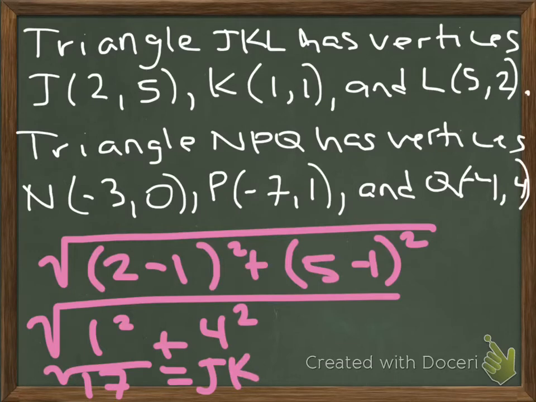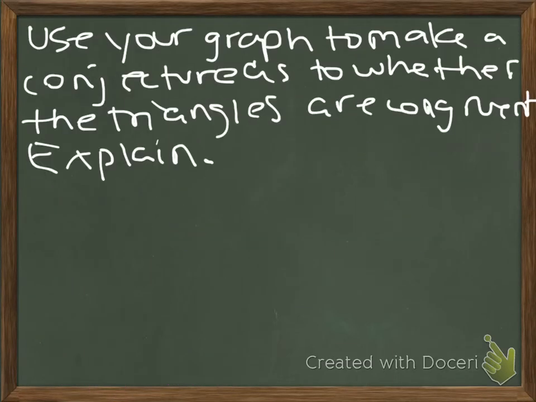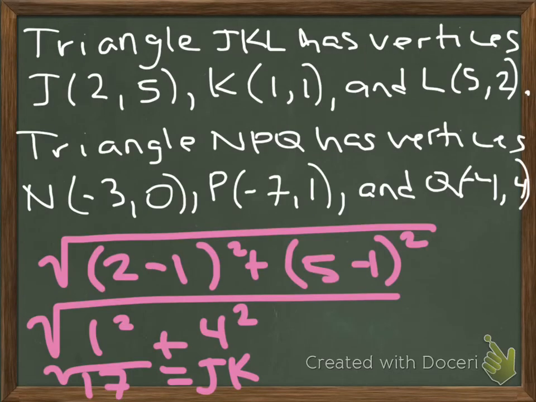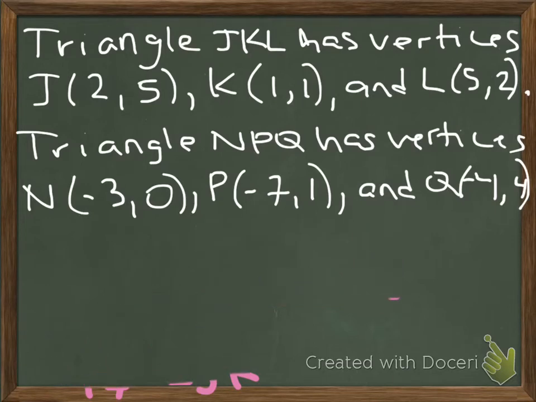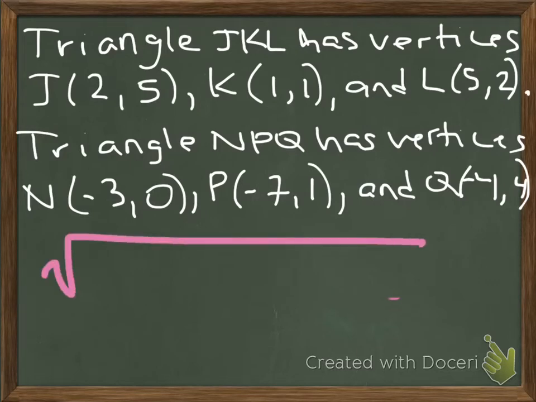And then we're going to do that again. So let me write that here: square root of 17 equals JK. Let me go back. Use the distance formula for the next two. So KL. That's 1, 1, and 5, 2.